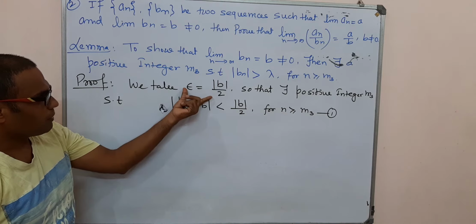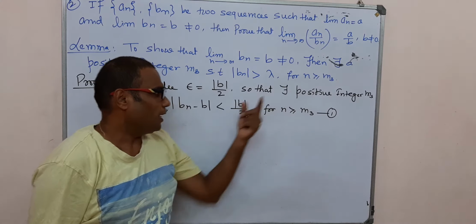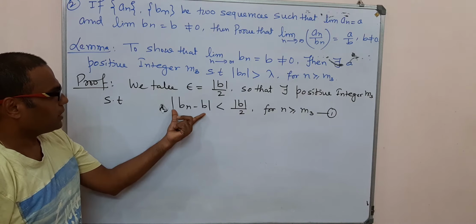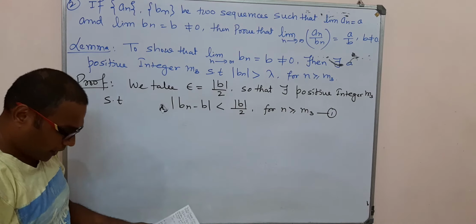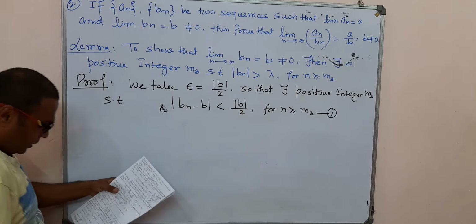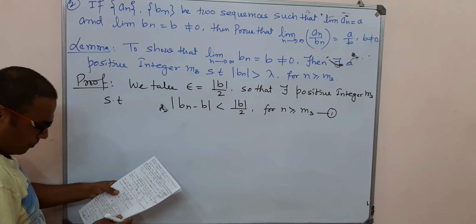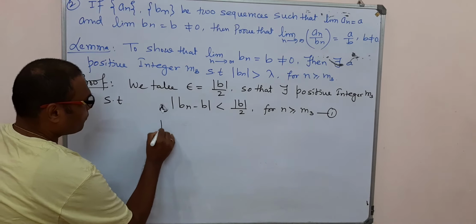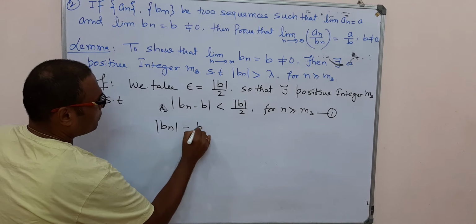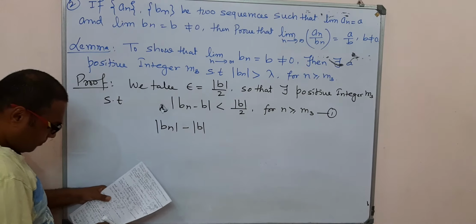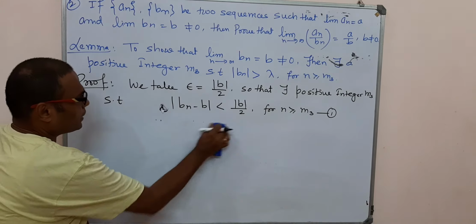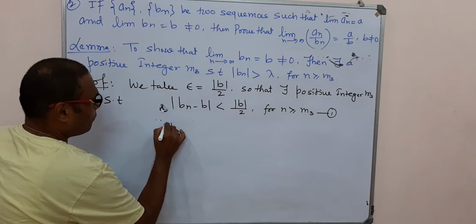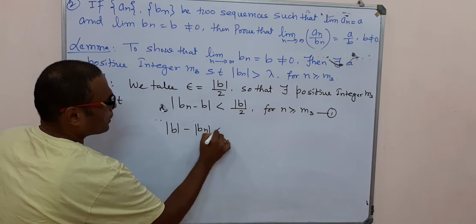Since the limit is given to be b, we apply the definition of the limit of a sequence. For a pre-assigned value of epsilon, there exists an integer m3 such that the mod of b_n minus b is less than epsilon, but epsilon is equal to mod of b upon 2, for n greater than or equal to m3 here. Now we solve this inequality. The mod of b minus b_n is less than mod of b upon 2.